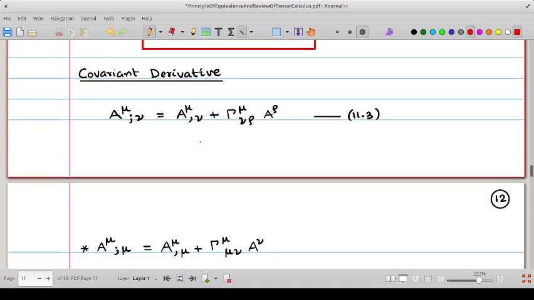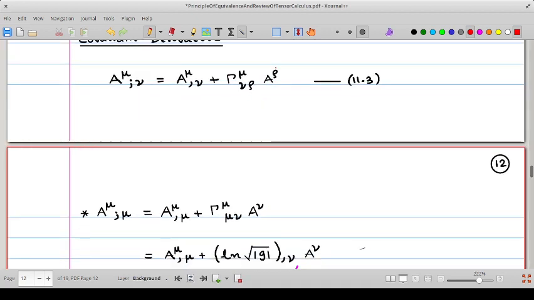Now we remember the definition of the covariant derivative. If A is a contravariant vector, then A^μ_{;ν}, which we call the covariant derivative of A^μ with respect to x^ν, is defined as the ordinary derivative of A^μ with respect to x^ν plus the Christoffel symbols Γ^μ_{νρ} times A^ρ.